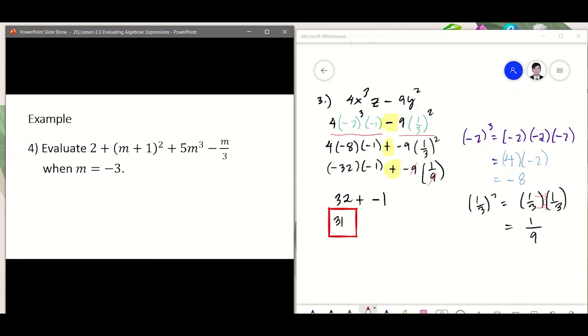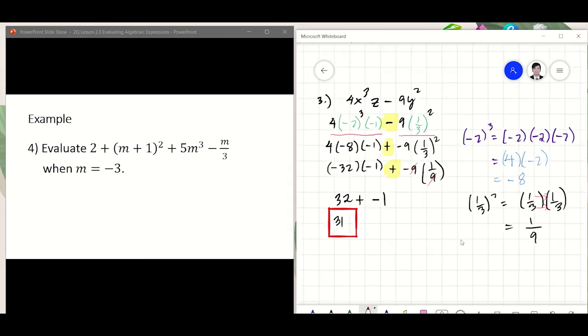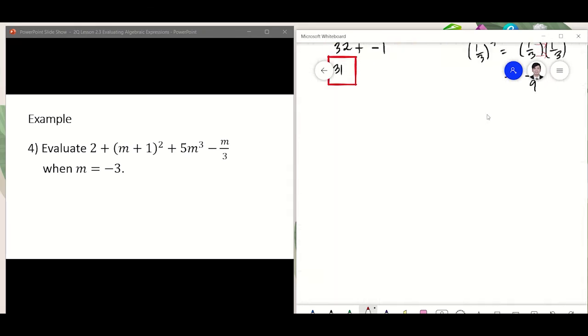Okay, let's have example 4. Evaluate 2 plus the quantity m plus 1 squared plus 5m cubed minus m over 3 when m is equal to negative 3. So how do we find the numerical value of the expression given that m is negative 3?